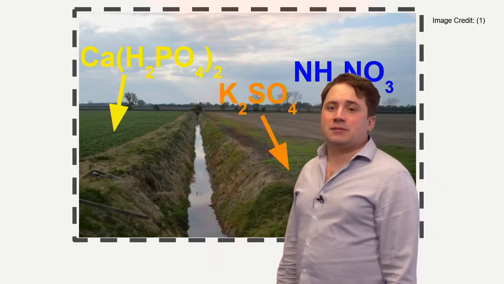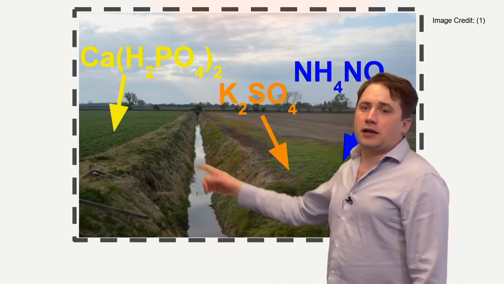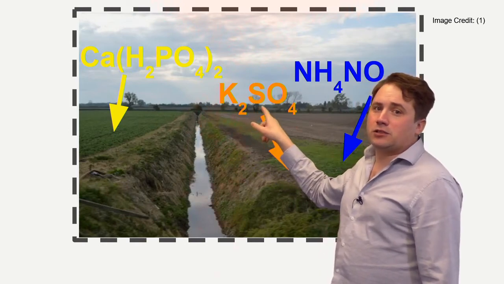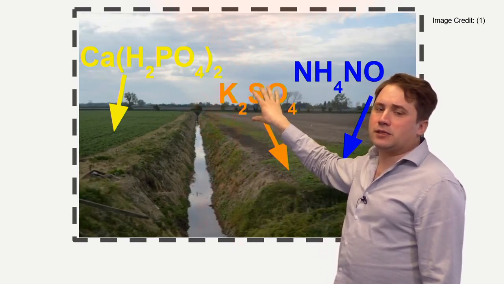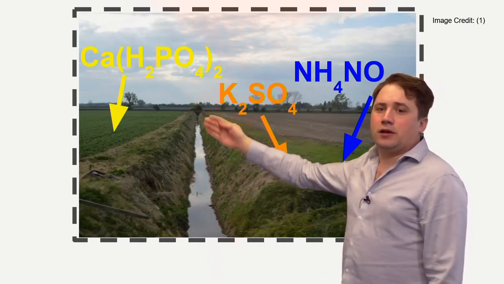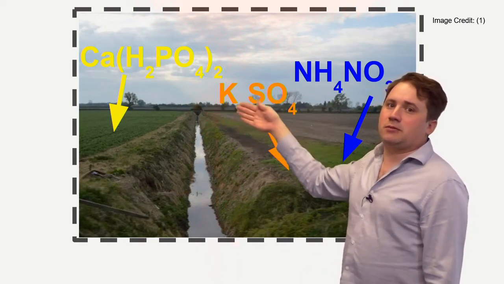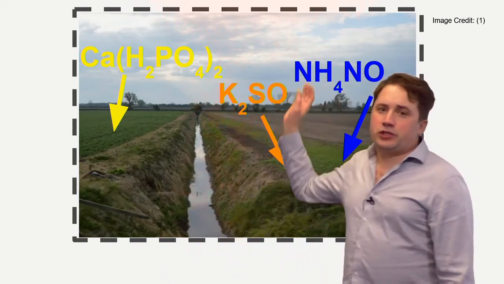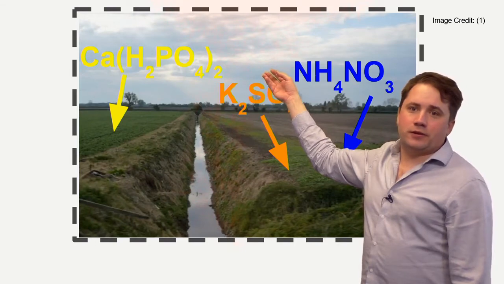Or something like potassium sulfate. Potassium sulfate contributes the major nutrient potassium, in addition to contributing sulfate. Sulfate normally is in abundance in soil, so it's not something that plants really need to have fertilized normally. But this salt dissolves to form both potassium ions and sulfate ions in solution. And so farmers will just dump huge quantities of these things on their fields.